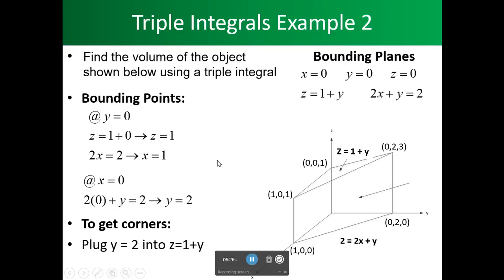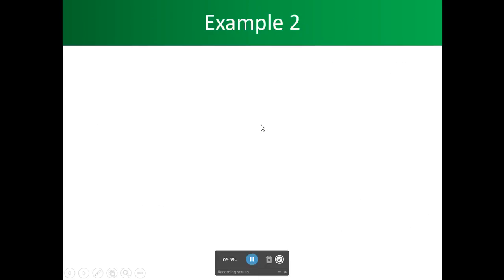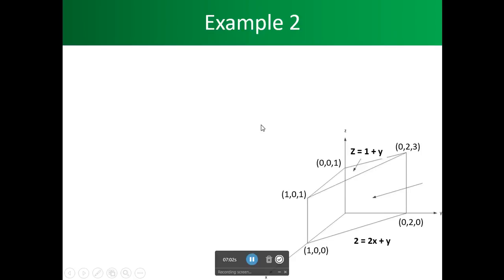We plug y equals 2 into our upper equation, because we already did the lower equation. So z equals 1 plus 2, which equals 3. So when y is 2, z is 3. We have all of these points that we have to remember and utilize.